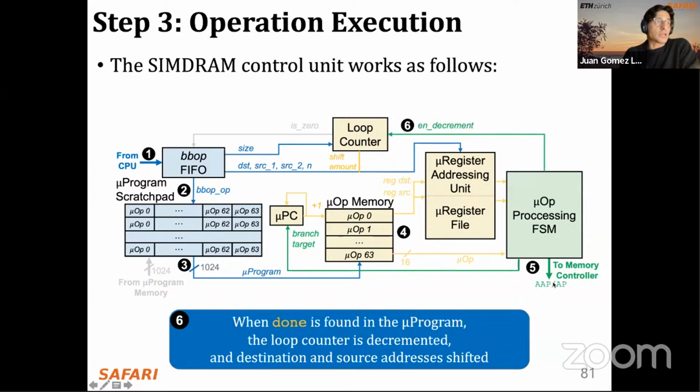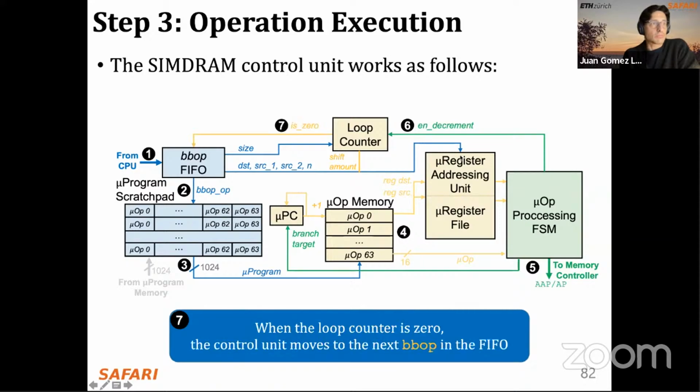In step 6, when done is found in the program, at the end of this microprogram we have this done operation, meaning that we are done with the SIMDRAM operation, and now it's time to decrement this loop counter and go to another subarray for execution. The source and destination addresses will be shifted as needed here in this register addressing unit.